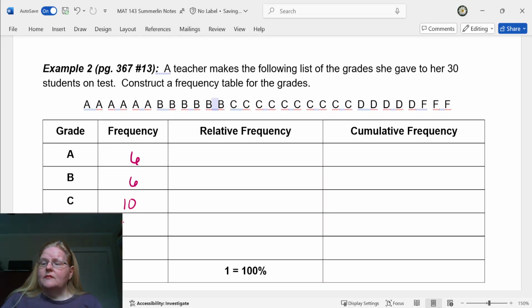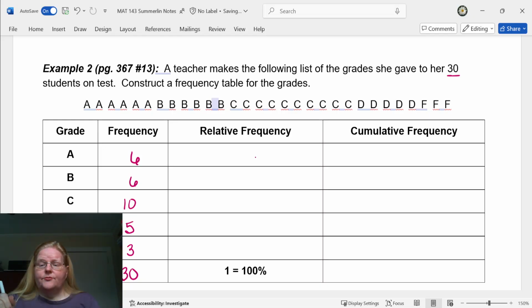And D's? 5 D's and 3 F's. For a total of 30. Which is good. I knew we needed 30 because it told me there were 30 people in the class. So far, so good. Piece of cake.